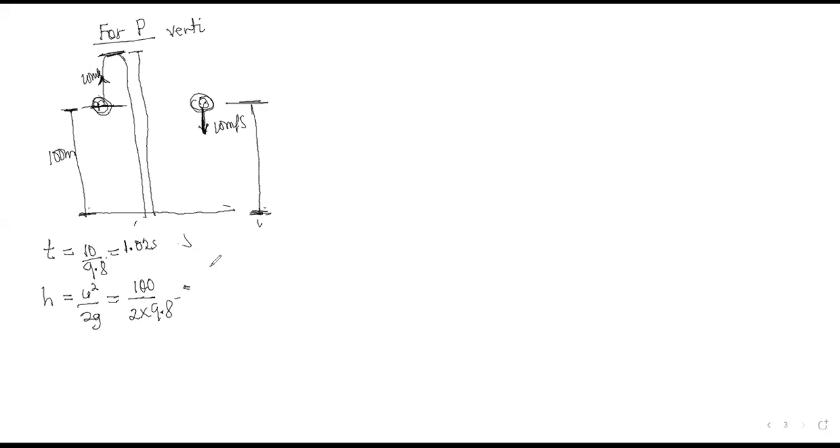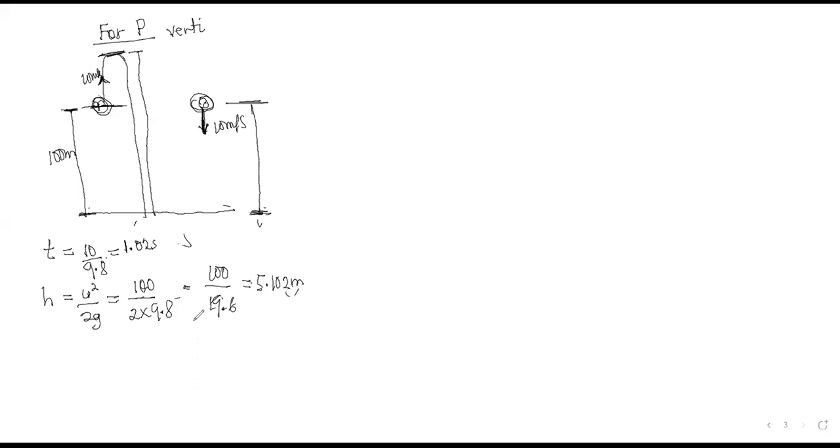And this is 100 divided by 19.6, which is 5.102.